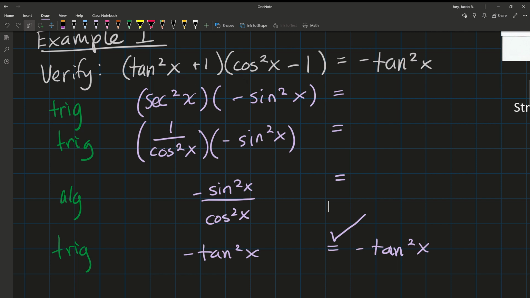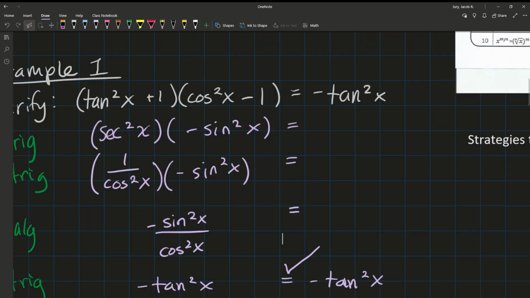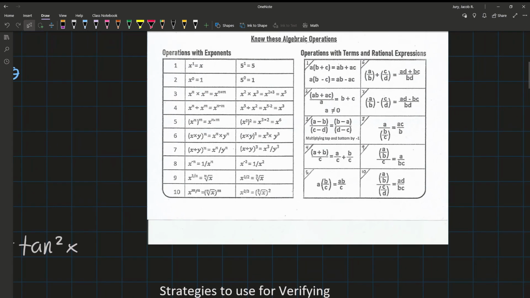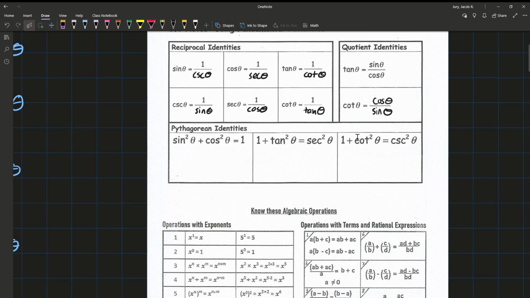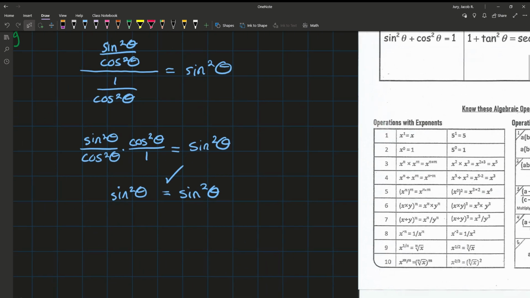For tangent squared x plus 1, that looks like a Pythagorean identity because I see a squared in it. So if I don't remember it, there's no shame in us going back to look at it right now. That looks like this middle one here, 1 plus tangent squared x equals secant squared x.